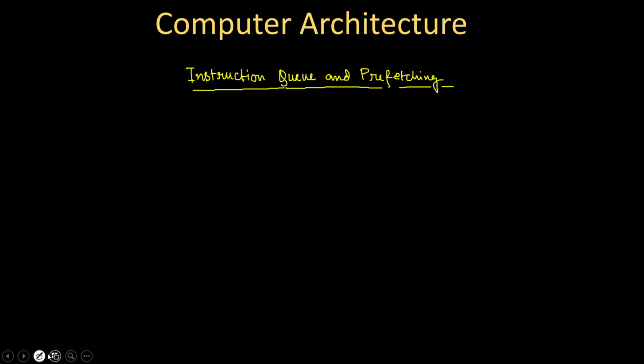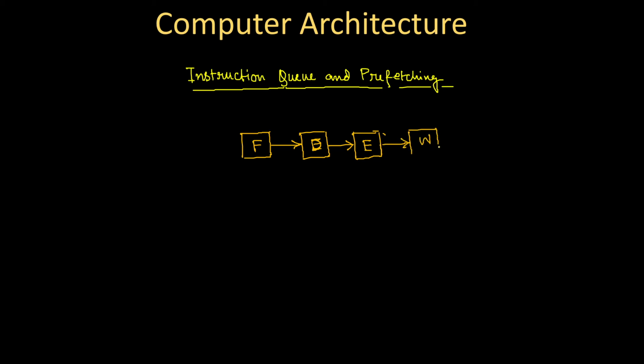Generally, we know how a pipeline looks. Till now, we have seen that a pipeline has four stages, which are straightforwardly connected with each other, something like this: fetch, then decode, followed by execute, then write back. This is a diagram of a generic pipeline.